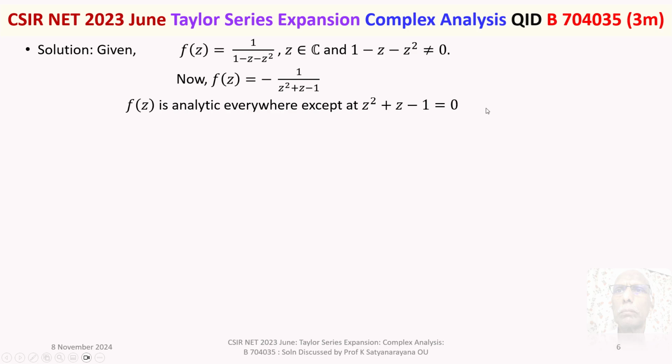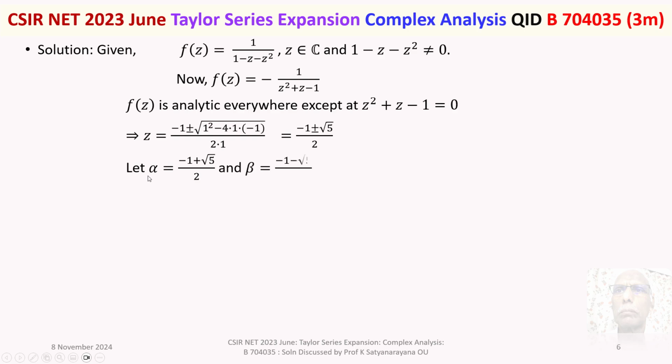It's a quadratic equation, therefore there will be 2 roots, and the roots are given by z is equal to, after simplification, minus 1 plus or minus root 5 by 2. So this function is analytic everywhere except at 2 poles. Let us call alpha is equal to minus 1 plus root 5 by 2, and beta is equal to minus 1 minus root 5 by 2, and these are the 2 simple poles of this function. So f of z has 2 simple poles at alpha and beta.